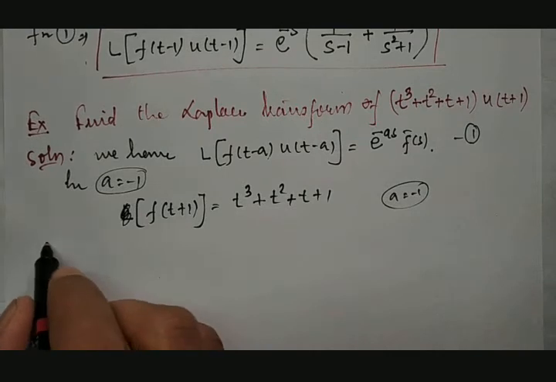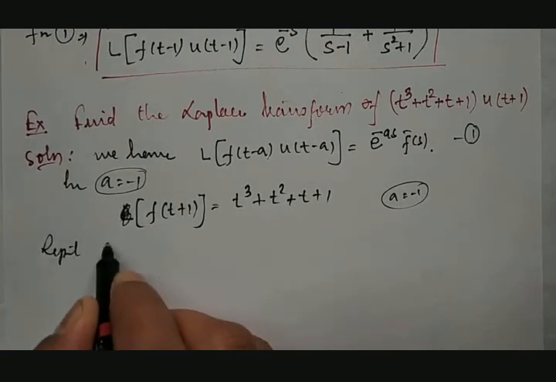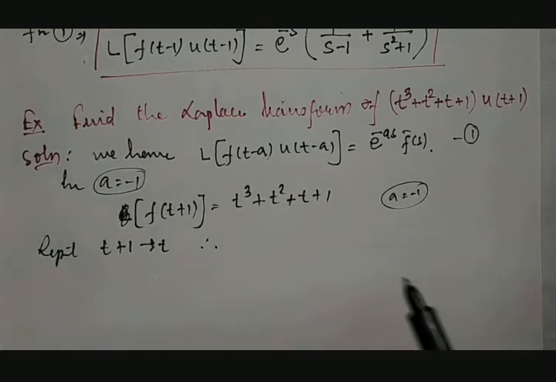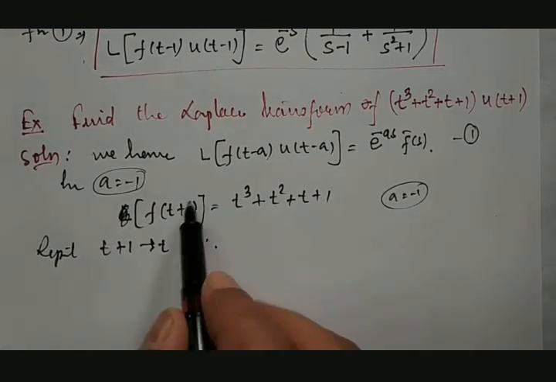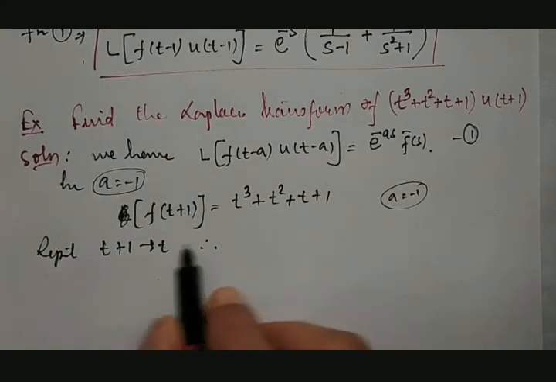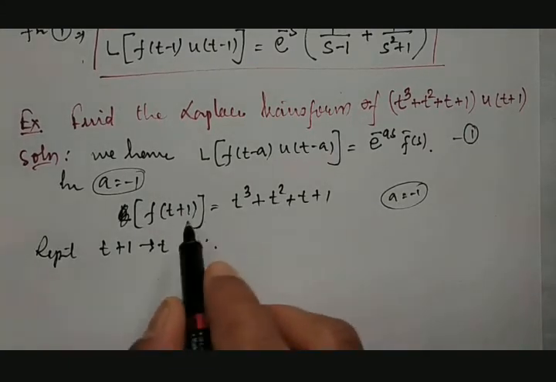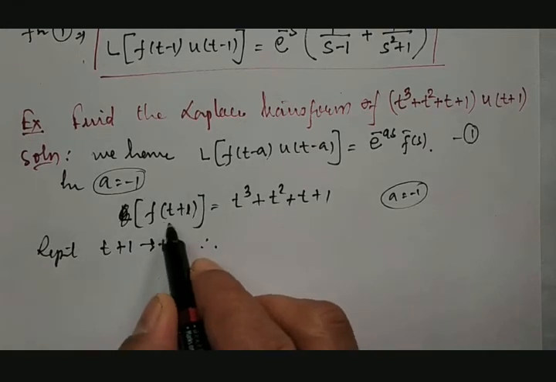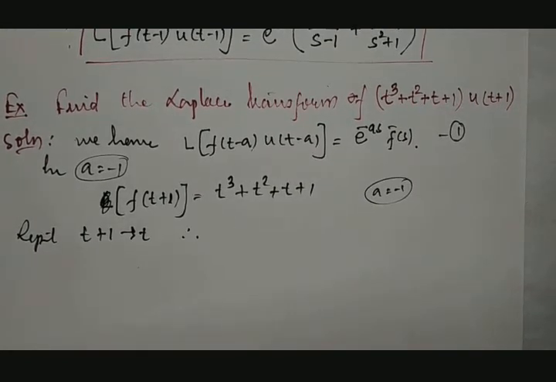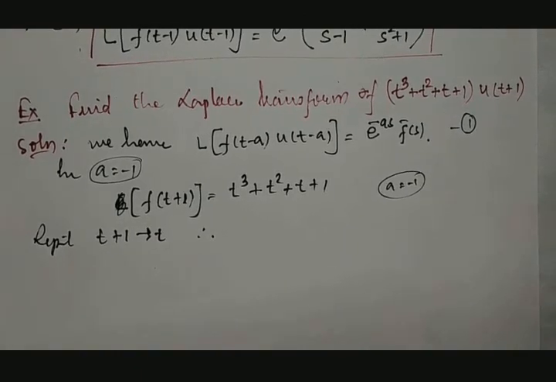Fine. So again what to do? Replace this t plus 1 by t. How is it possible? To make this t plus 1 as t, because we need to apply Laplace transformation on both sides. Because we don't have any provision of applying Laplace transformation on f of t plus 1 pattern, we have a provision for Laplace transformation of f of t.